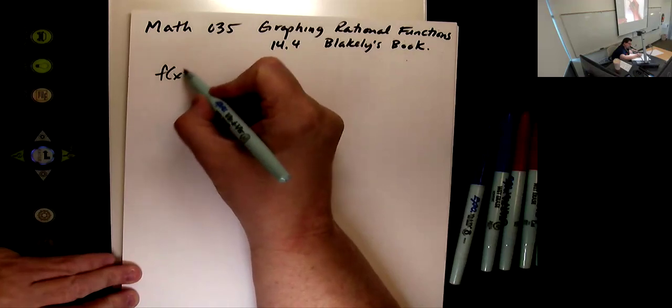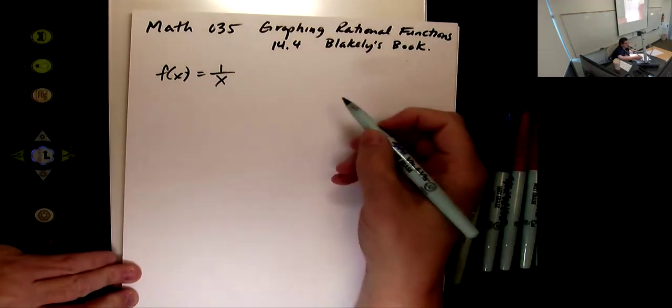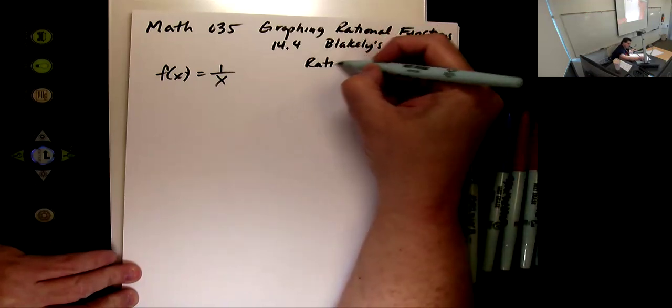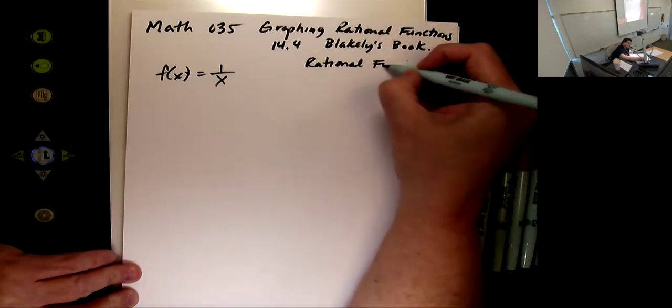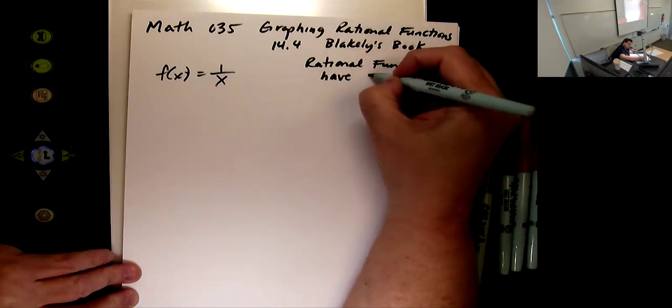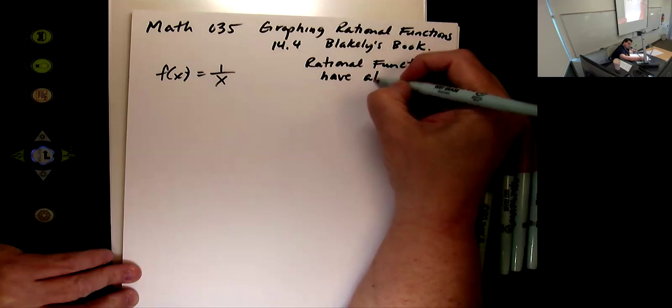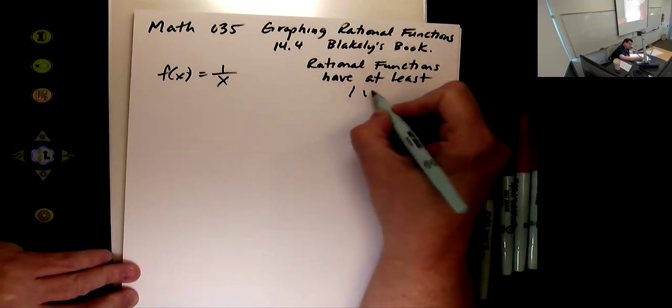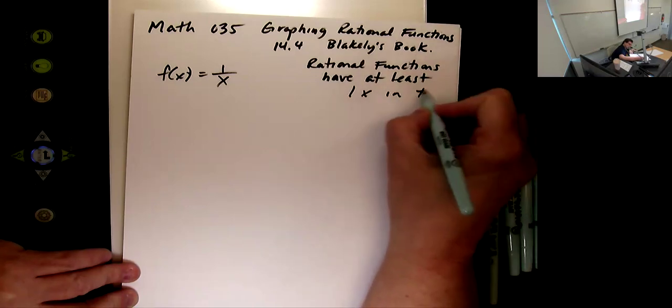f of x equals 1 over x. Rational function. Rational functions have x's in the denominator.